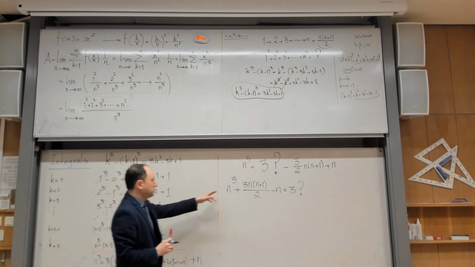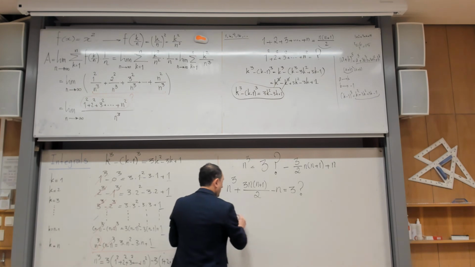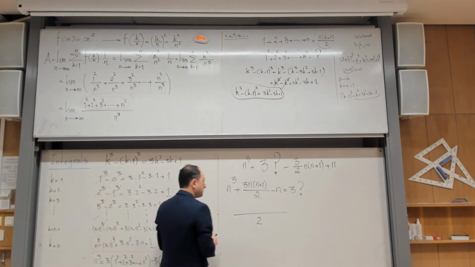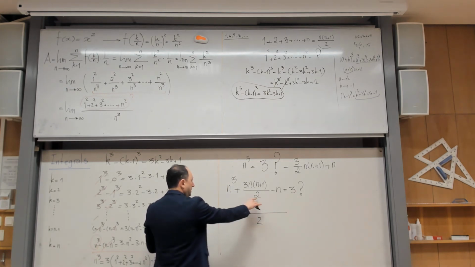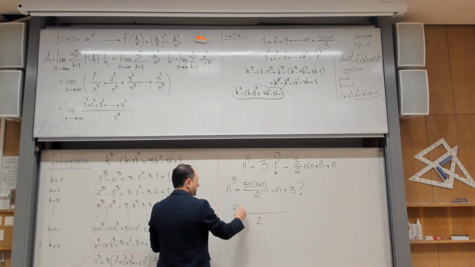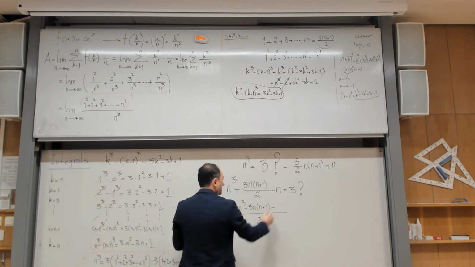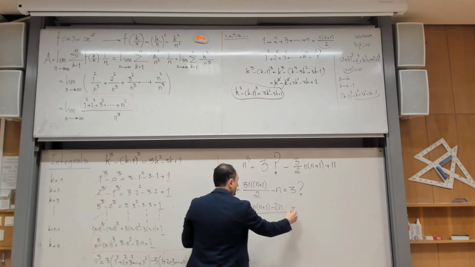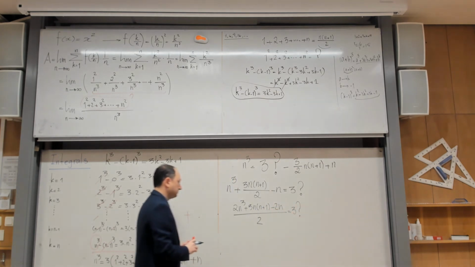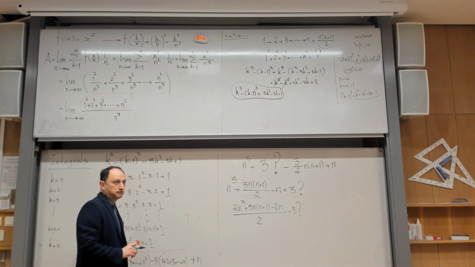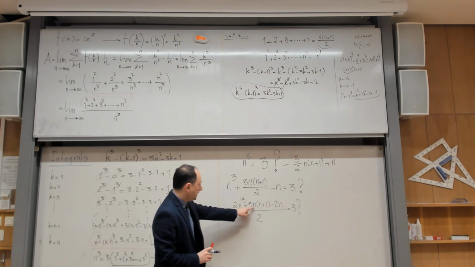I would prefer to simplify this a little bit. So I take the common denominator 2. I multiply it here, this becomes 2n cubed plus 3n times n plus 1 minus 2n is equal to 3 question mark. And there is an n, and n.